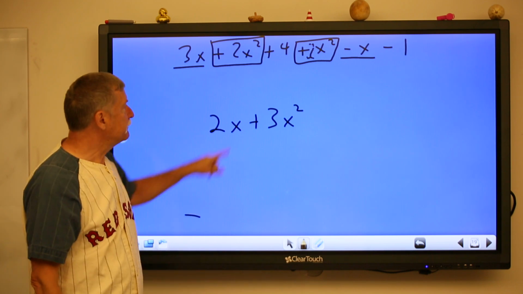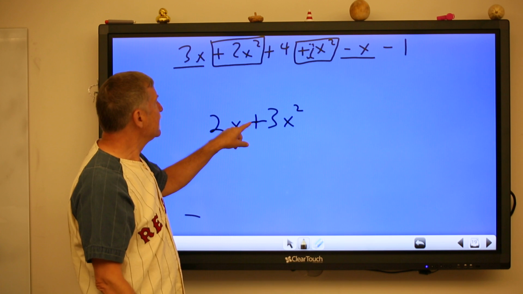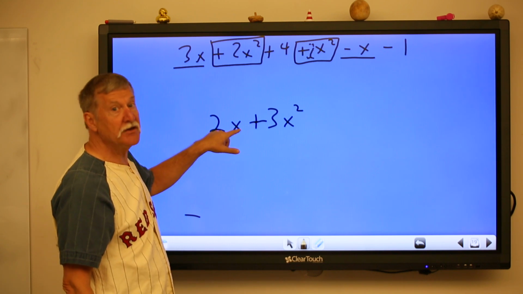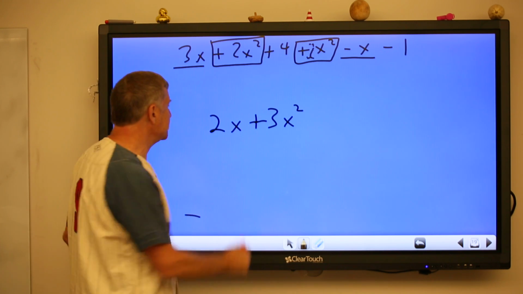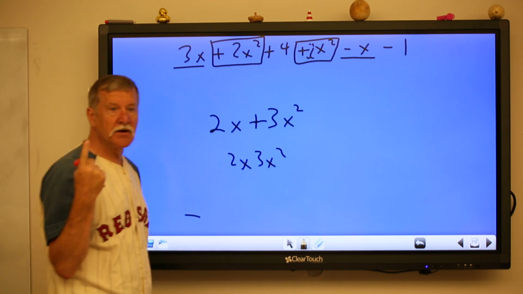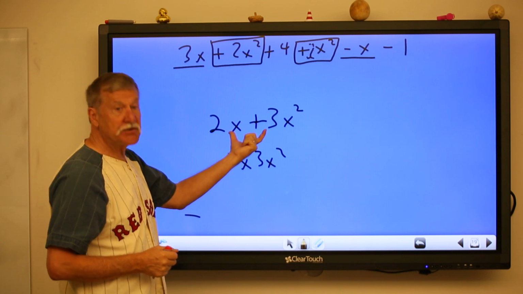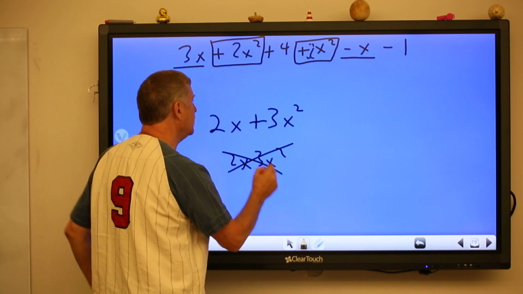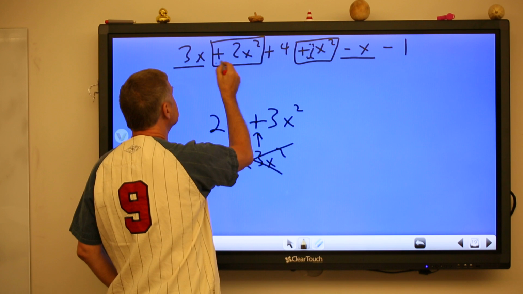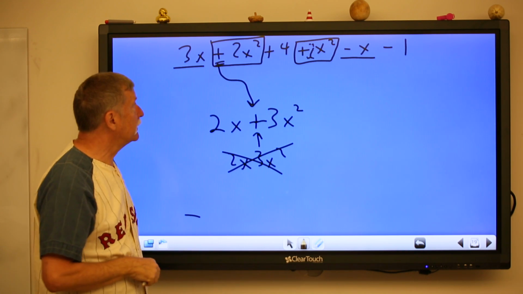All right? And please, you must separate these two terms. They are different terms, and here's where the plus 3 comes in, and you have to write the plus sign. Because if you write 2x, 3x squared, you've written one term, multiplication. This is all a multiplication problem. These are two terms, totally different, all right? Please make sure that this plus sign gets used to separate the two terms, all right?